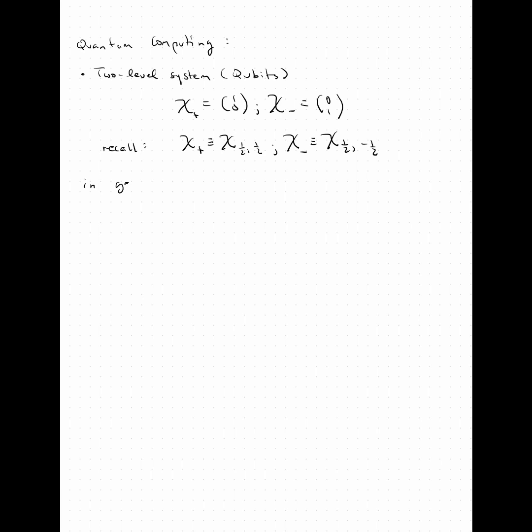So in general, you have some state psi, which can be a linear combination of the eigenfunctions chi plus and chi minus, and alpha and beta can be complex. Therefore we have four variables existing. That's more opportunities to store information as opposed to just ones and zeros.